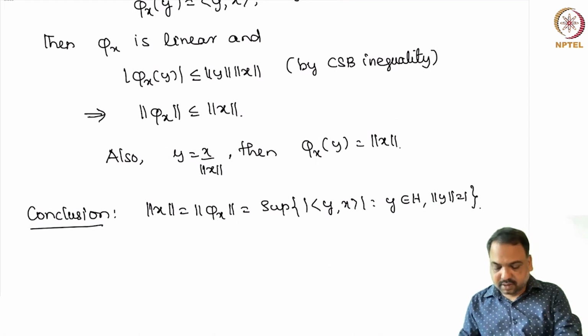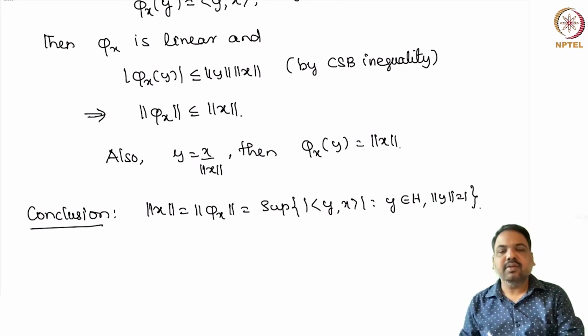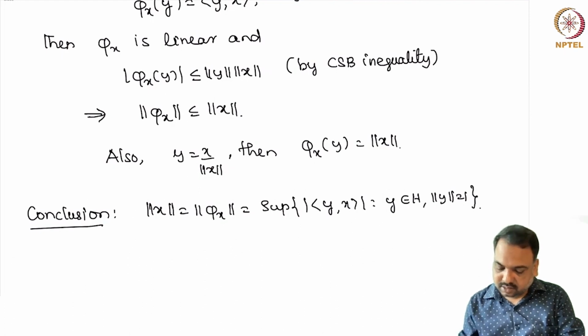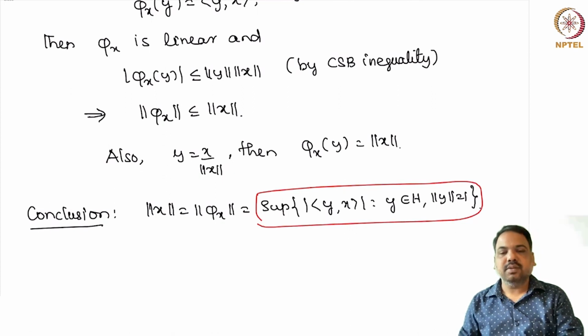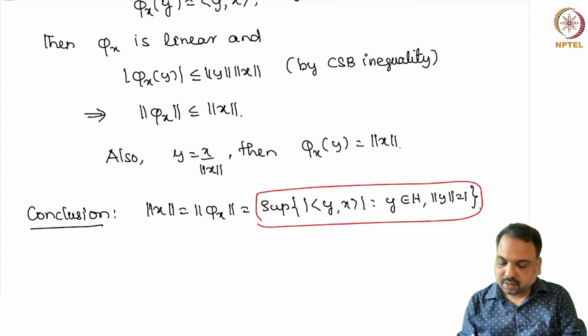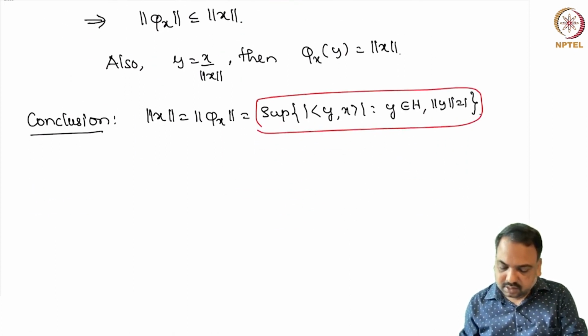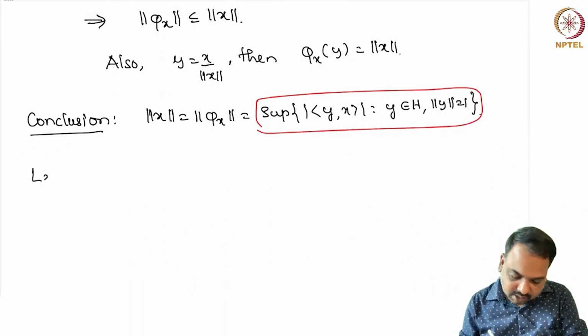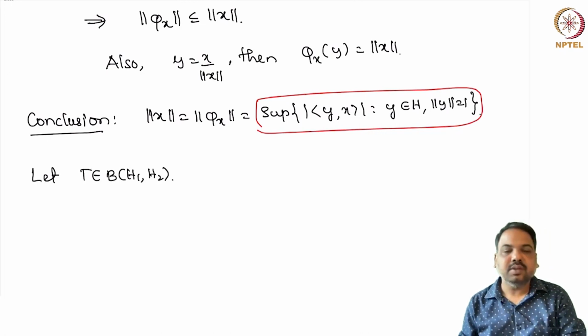So in other words, we can actually write the norm of an element in Hilbert space to be the supremum of this quantity in terms of the inner product. Now the same thing, if T is a bounded operator, let us take T to be a bounded operator from H1 into H2.